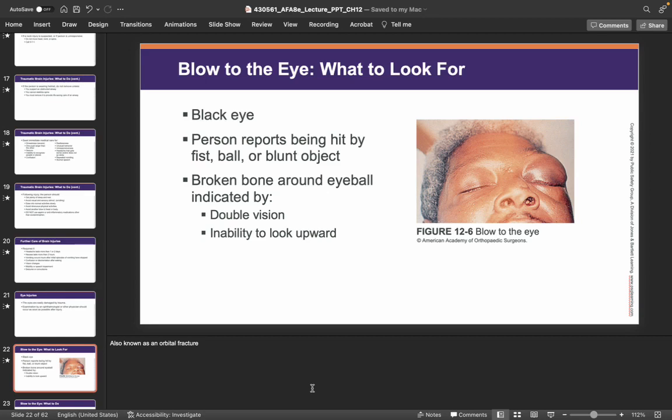It's also gonna hurt like crazy. There may be a deformity. If these are present, that really increases the chance that there's a fracture, almost certain. Okay, double vision, or if they can't look upward, that means there's a disruption in the musculature around the eye, which happens if there's a fracture.